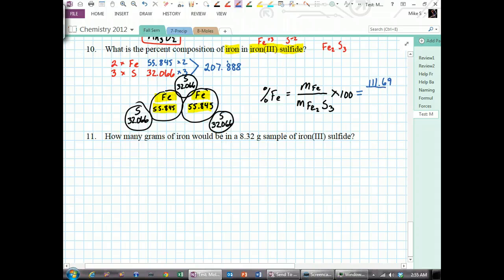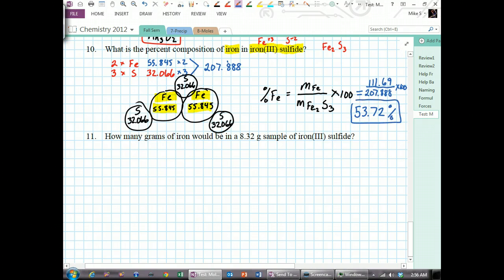Now divide that by the total mass of the iron sulfide, which we calculated to be 207.888, and then multiply by 100. That'll get our percentage. The percentage that we get is 53.72%.